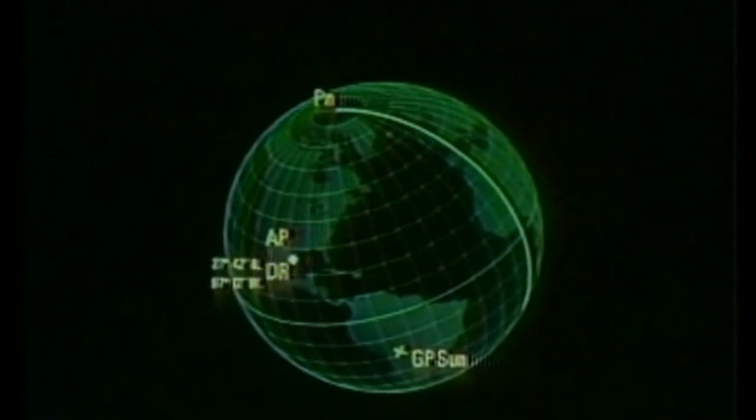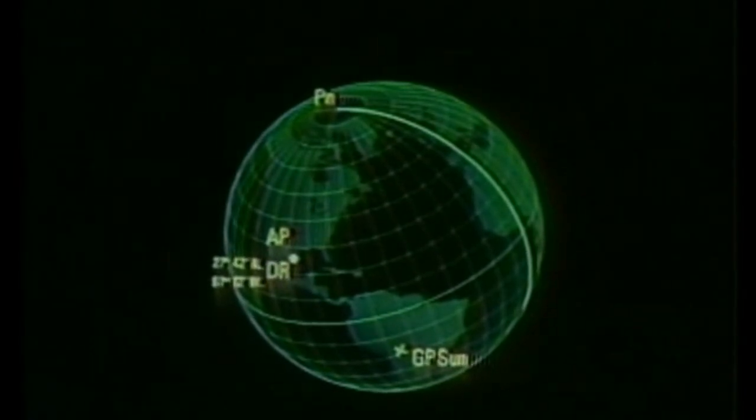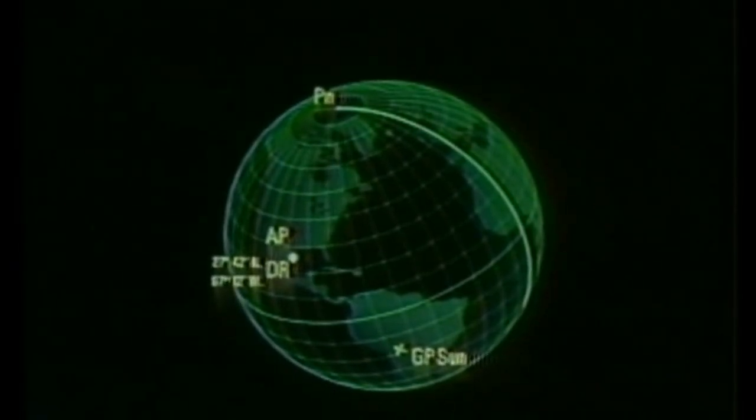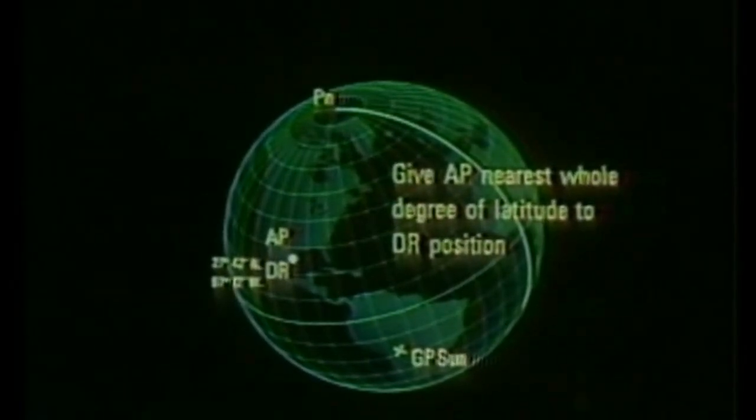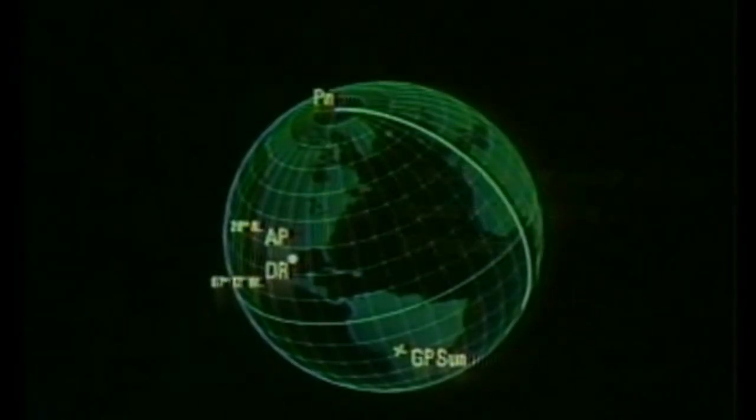The third point is your assumed position. It could be the same as your DR position, but since the HO 249 tables are arranged for whole numbers of latitude, you give your assumed position the nearest whole degree of latitude, or 28 degrees north.